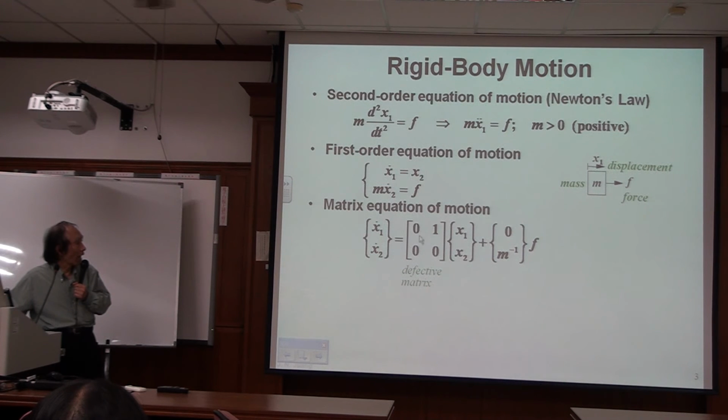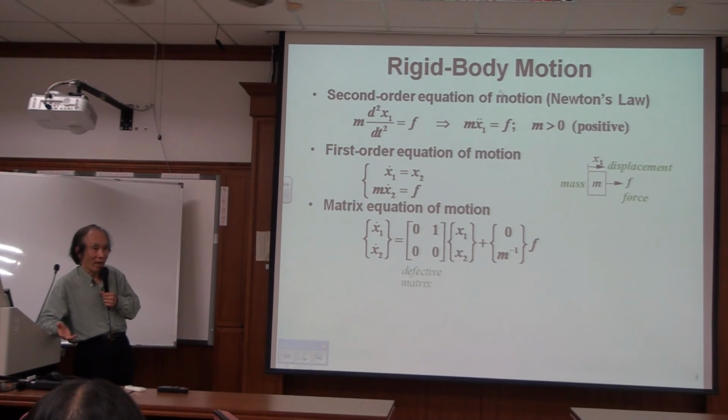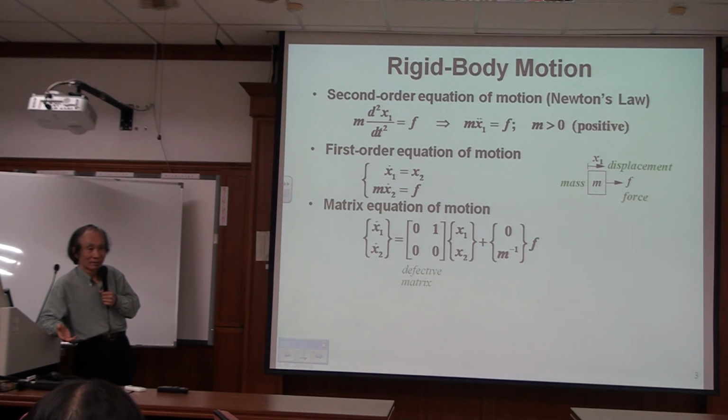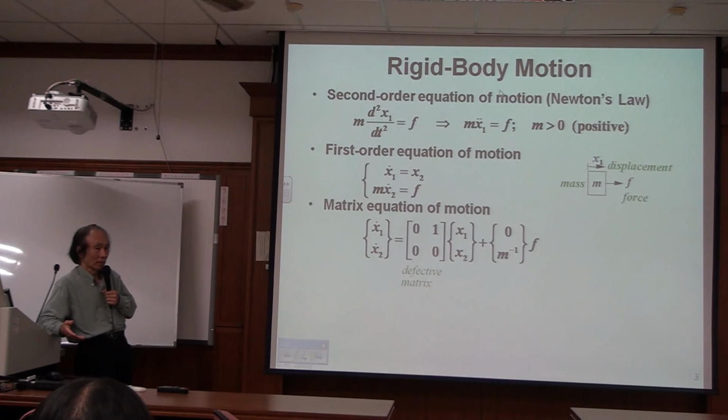The eigenvalue of the rigid body motion is 0. Now you learn something. Because the eigenvalues of a rigid body motion are 0. Okay. Understand now? All right.